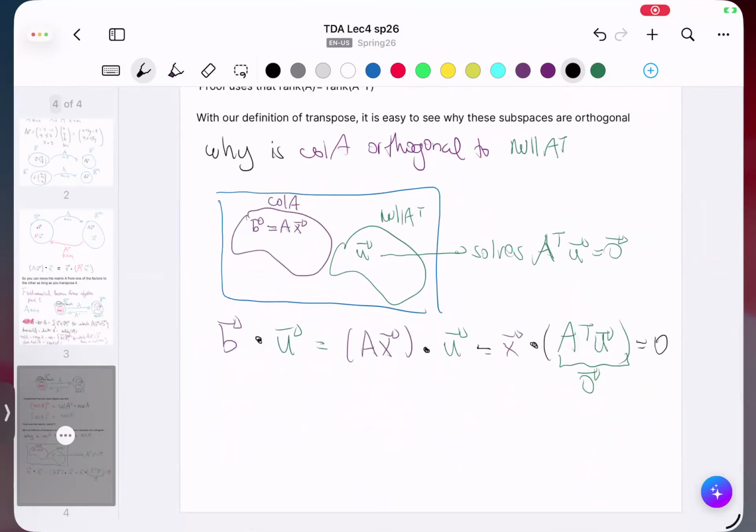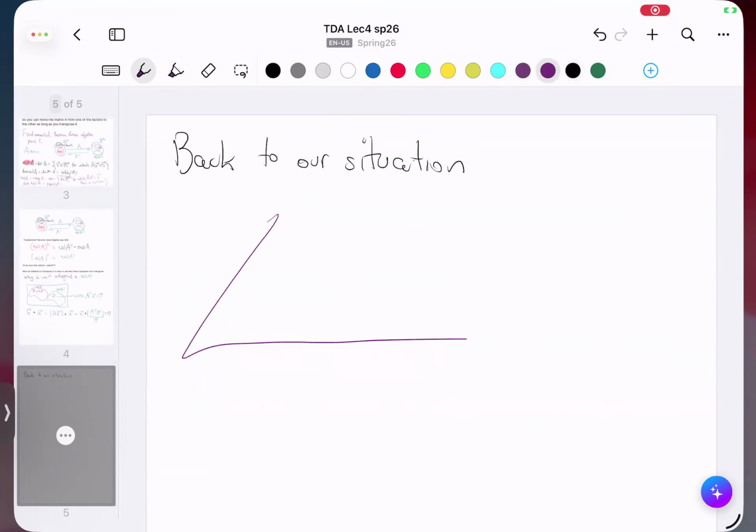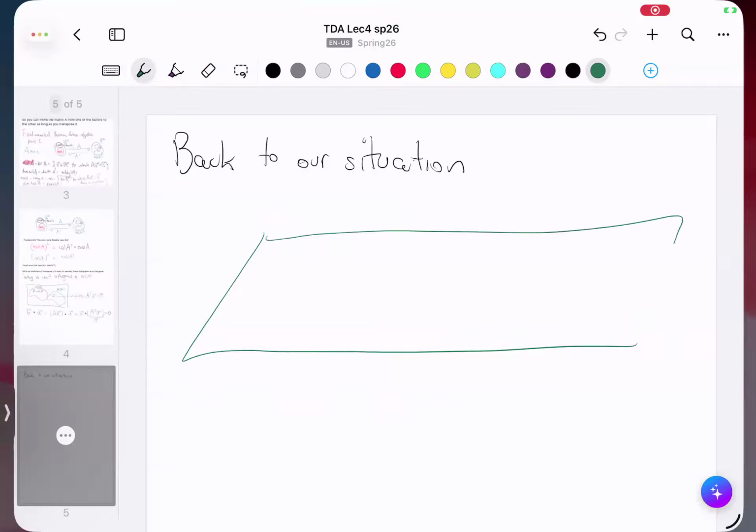This was kind of an aside, but back to our situation. If you have a subspace, I'll try to draw it like this.